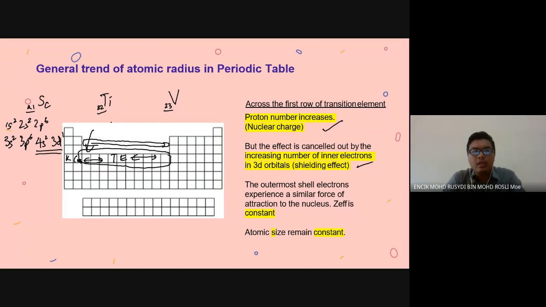And then here it is the same, except it becomes 4s2, 3d2, and then here it becomes 4s2, 3d3. Okay, what it means by increasing number of inner electrons is that the number in the 3D orbital increases. Okay, do you understand what I mean?